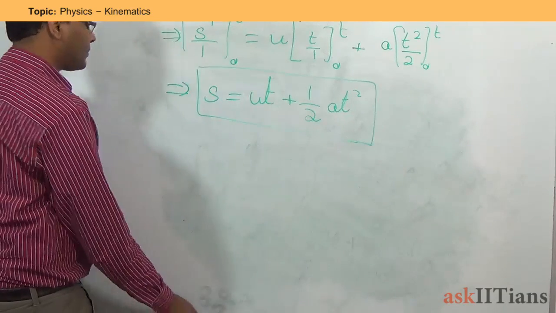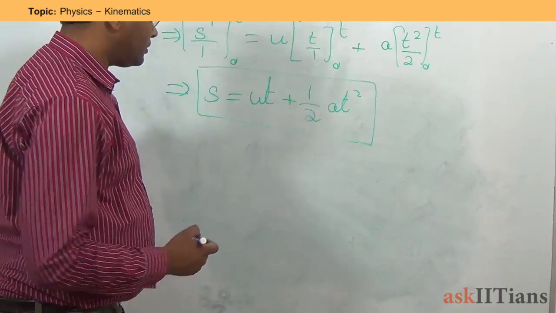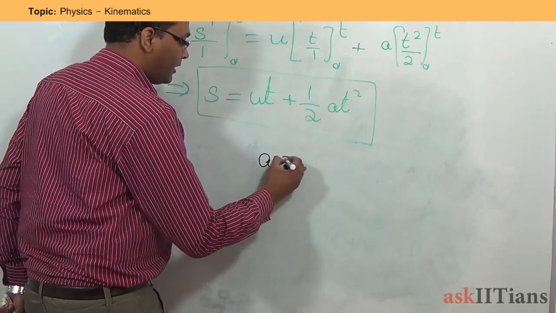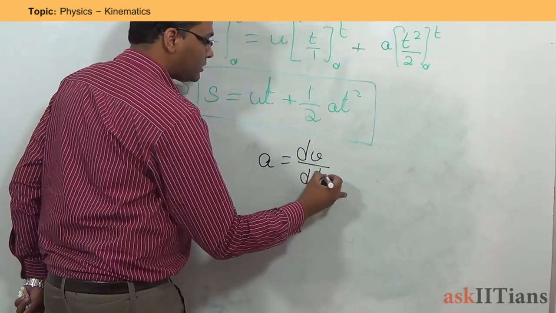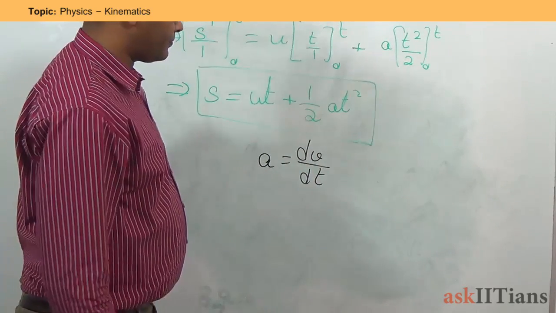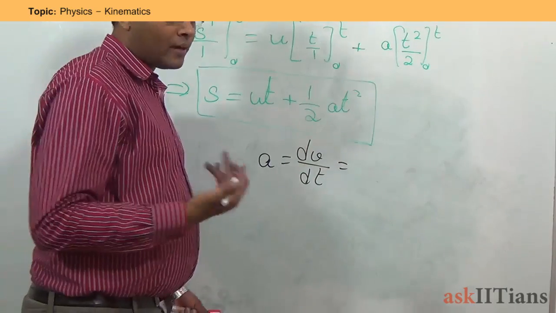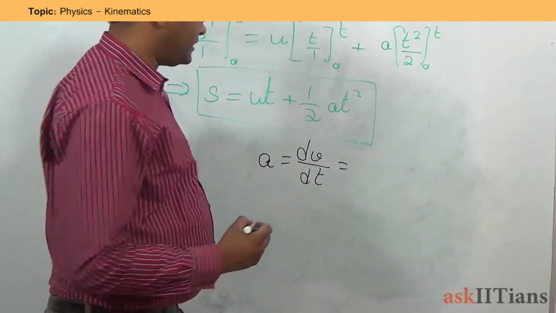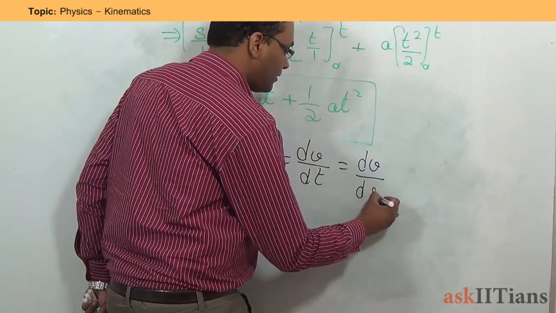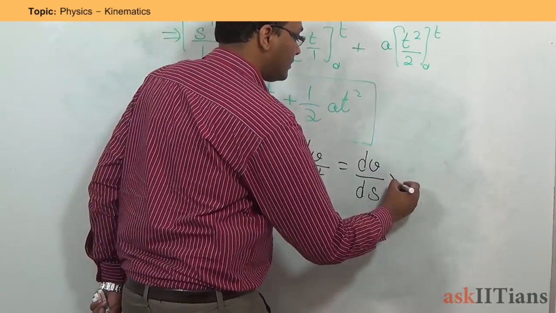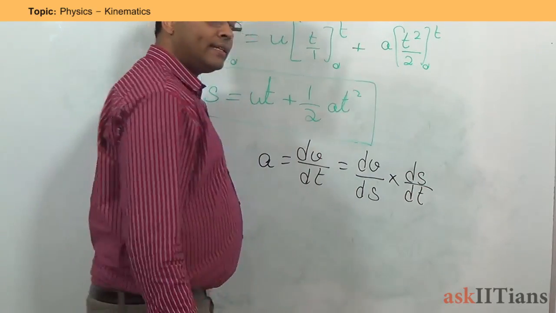Now, we'll go back to the first expression that we had of acceleration. We said that acceleration a can be given by the change in velocity divided by the time taken. Now, if I do a multiplication and division by a factor of displacement, I can simply say this will be equal to dv by ds into ds by dt.